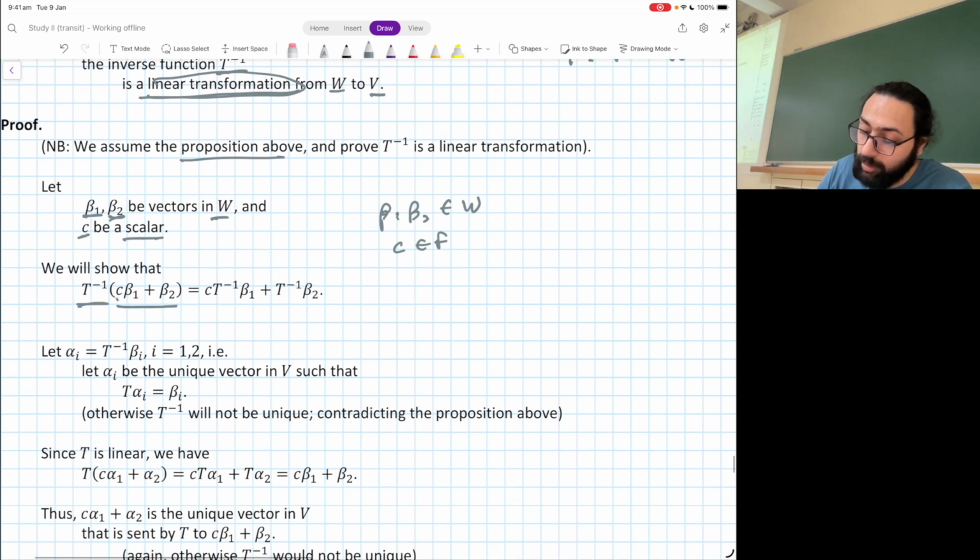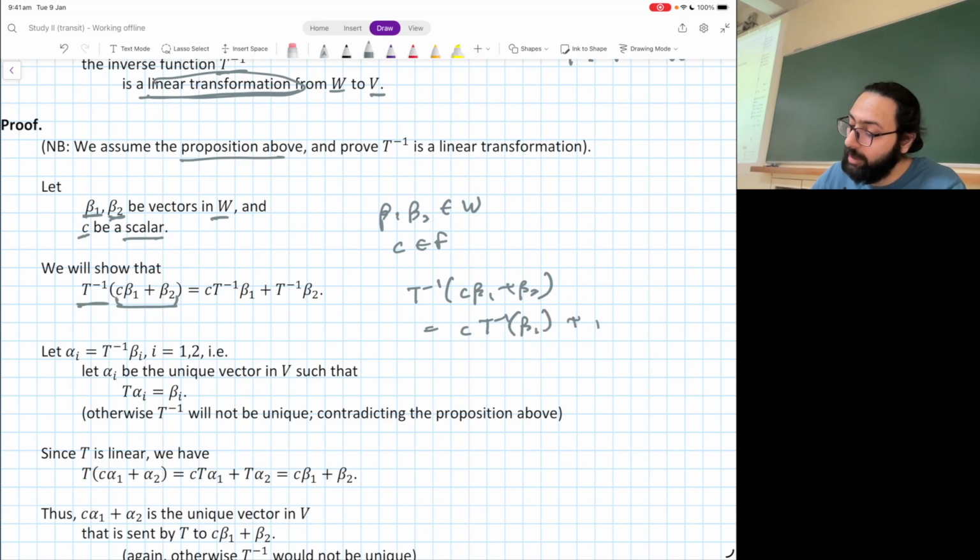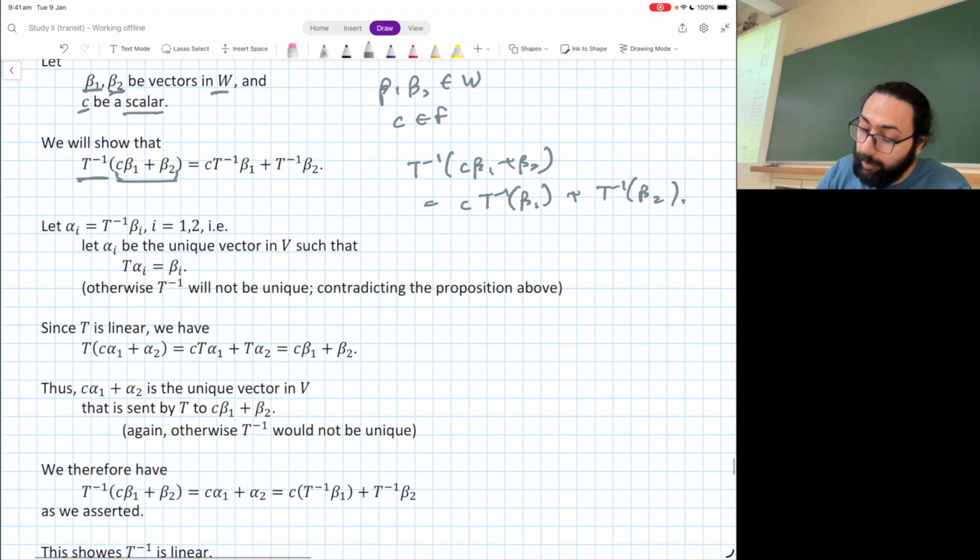The standard property for showing that something is a linear transformation: we want to argue that T inverse acting on C beta 1 plus beta 2 is C times T inverse beta 1 plus T inverse of beta 2. That's just the definition. Now let alpha i be the same as T inverse beta i. So alpha 1 is T inverse beta 1, alpha 2 is T inverse beta 2.